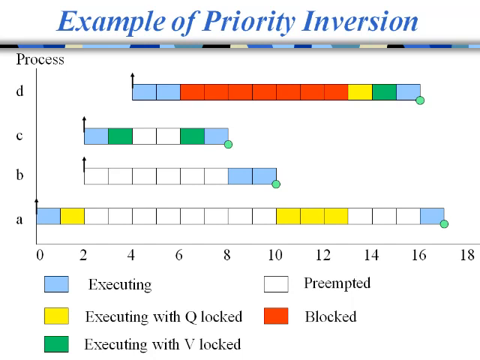Okay, the problem with this is that process D, the highest priority process, has to wait not only for the process that owns the resource it wants, but it has to wait for guys in the middle that have nothing to do with this. Effectively, C gets to run and B gets to run, and A gets to run almost to completion before D gets to run.